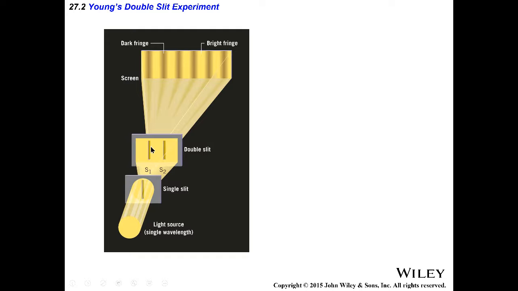You shine light on a double slit. You would have thought the image would have been two bright slits. But instead, what do you see?